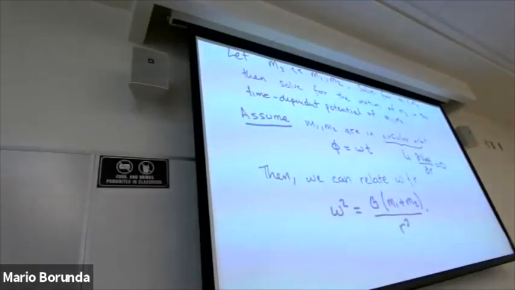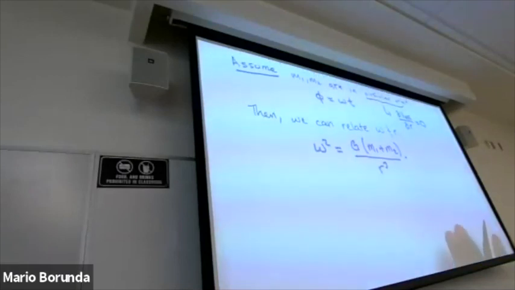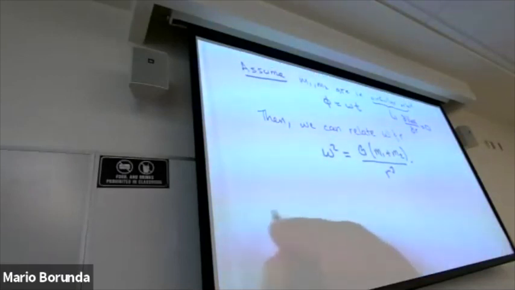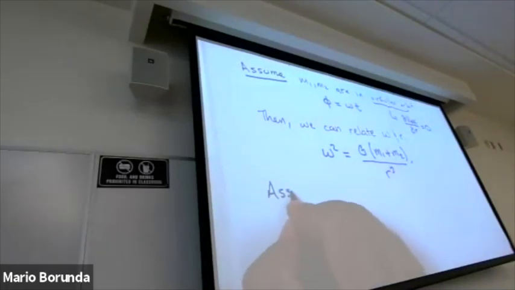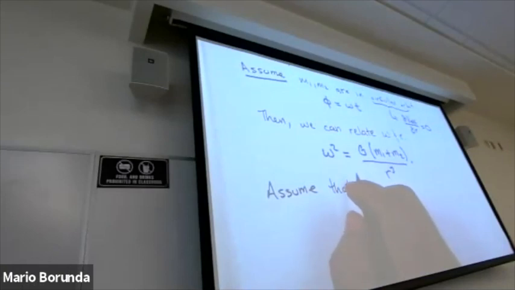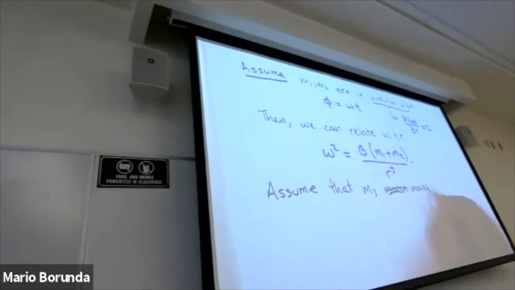All right, so now we have to make another assumption so that we can make the system simpler and easier to solve. We're going to assume that M3 moves in the same plane as the plane of M1 and M2.